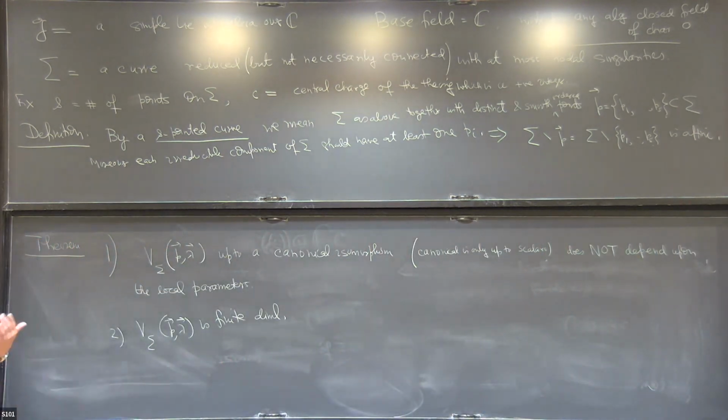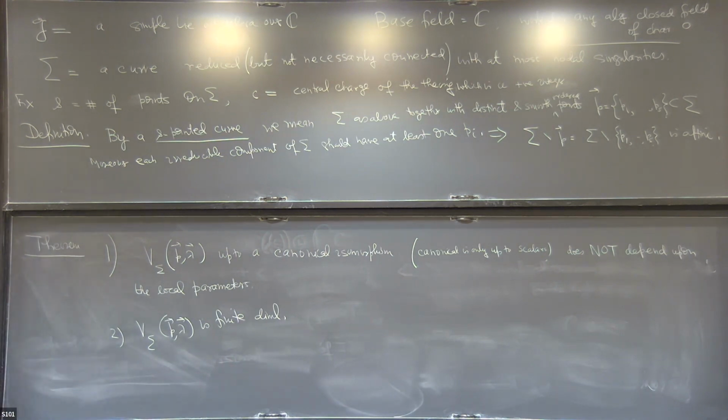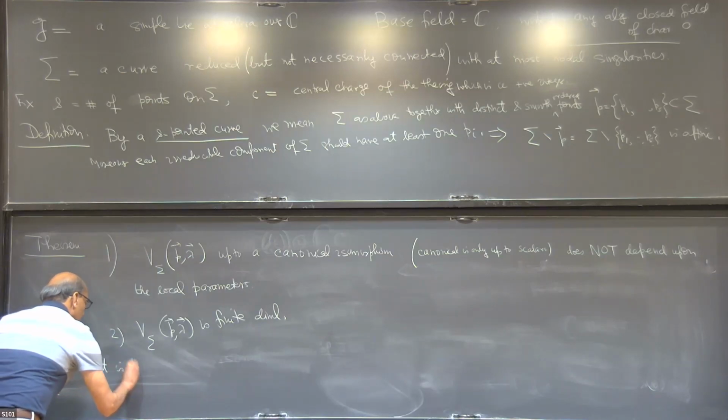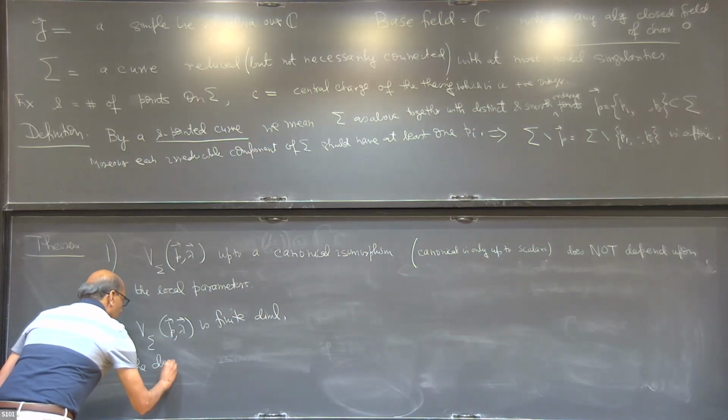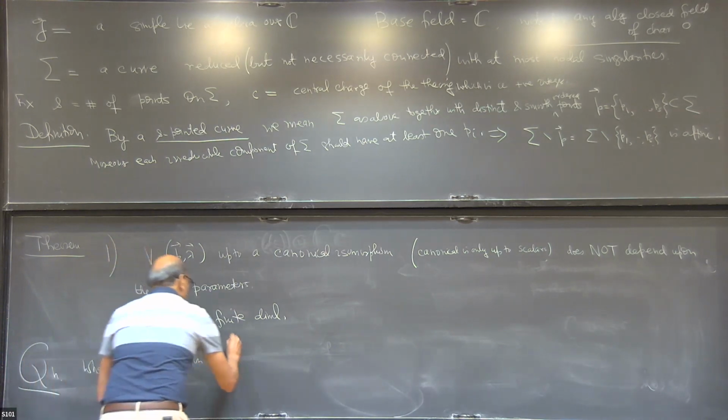So of course, when you encounter a finite dimensional vector space somewhat canonically associated, the first and most important question you want to ask is, what is its dimension? So question, what is the dimension of V sigma P lambda?